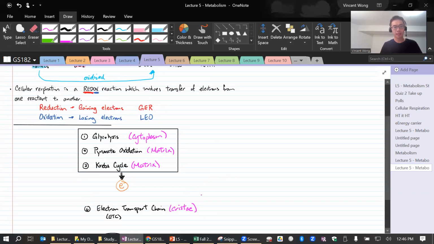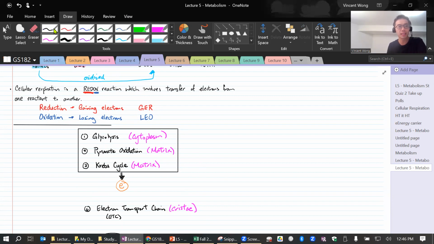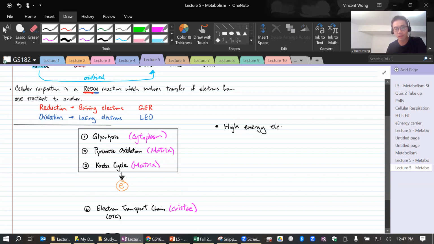What happens is you want to capture that high energy electron. We don't want to lose it. We need to capture the energy as much as possible. So let's write down here: high energy electrons are released from step 1, 2, and 3.